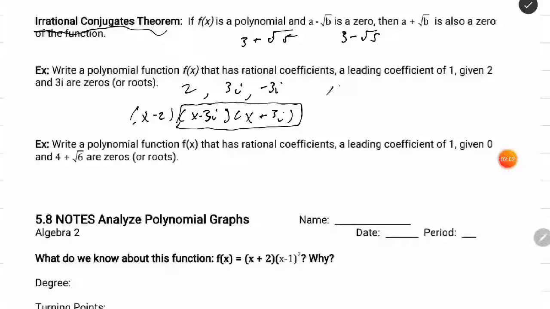So that's going to be x squared minus 3ix plus 3ix, minus 9i squared.